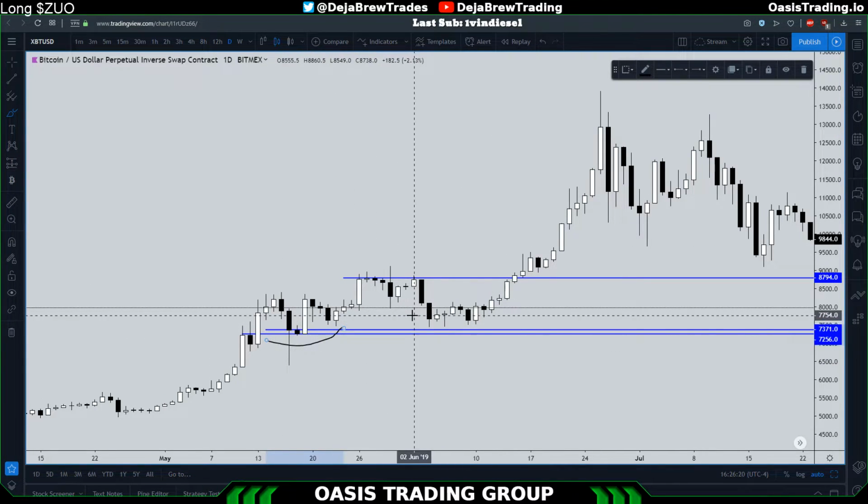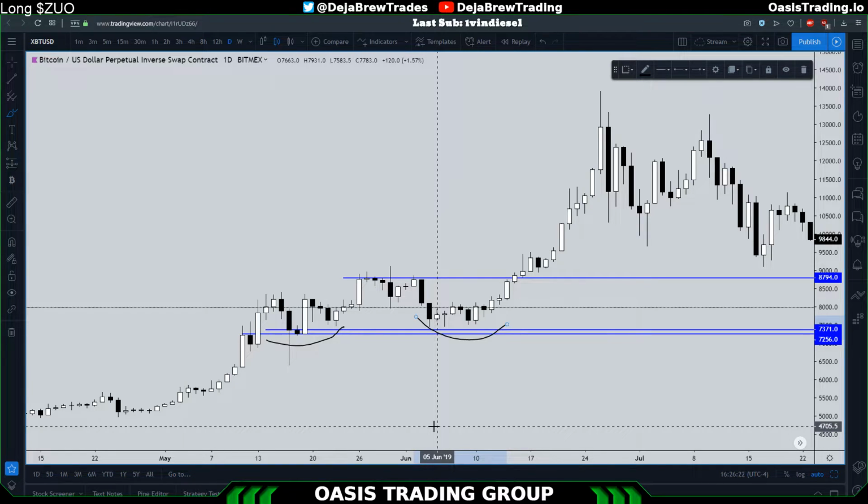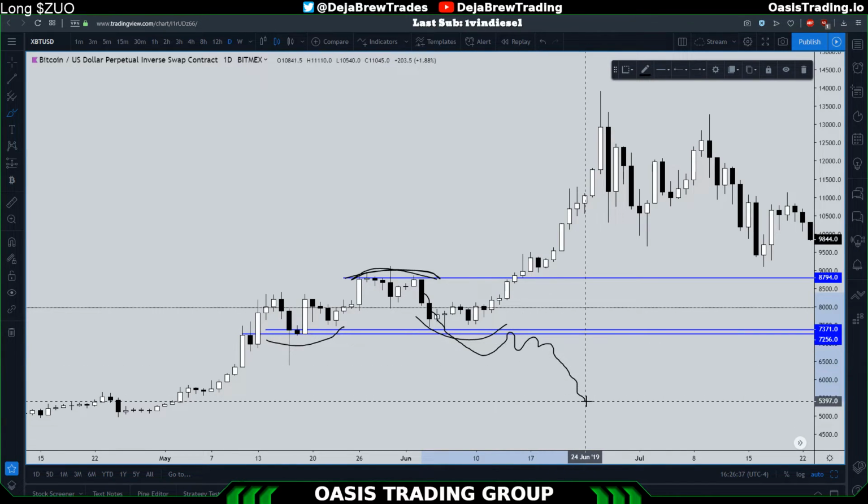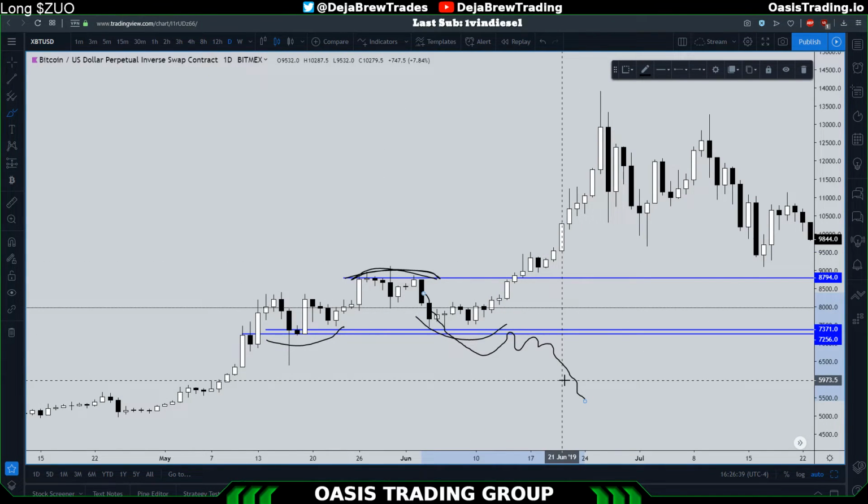You do not see a lower low. You might see a local double top, but you do not see a lower low. Now, for this to enter a downtrend, you would have needed to see a low below these levels. So if price came down and kind of did something like this, then that would be a downtrend.